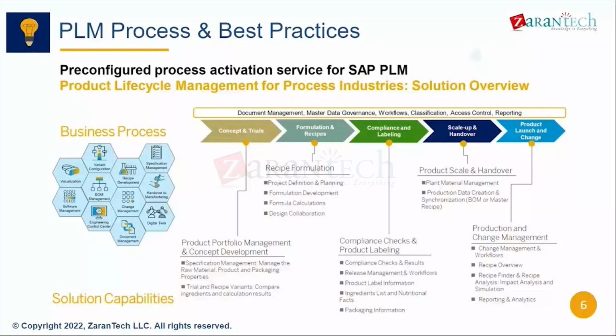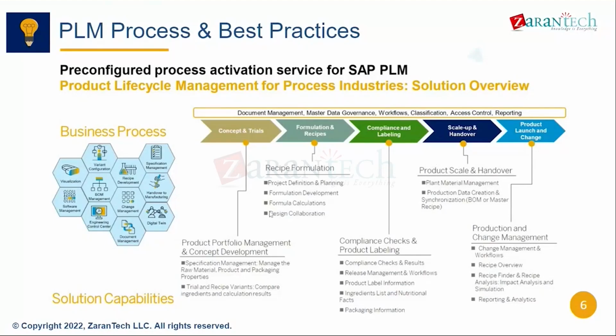So if we are going to work for a client looking for a PLM solution for process industry, then we have to identify this license and have it configured in the system, so that all these components of PLM for process industry come into the picture.